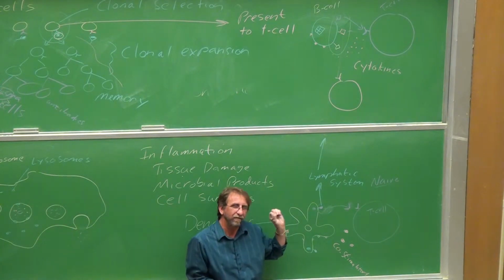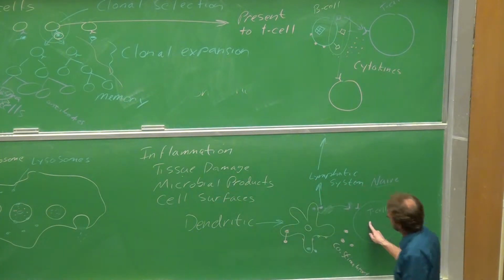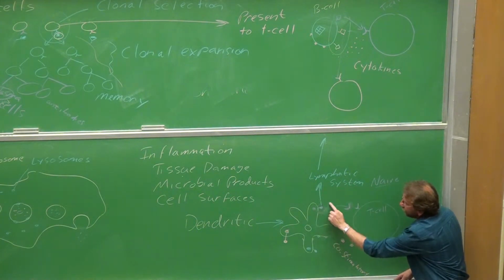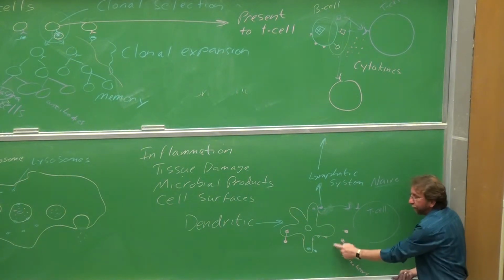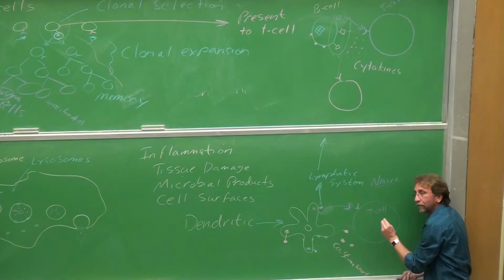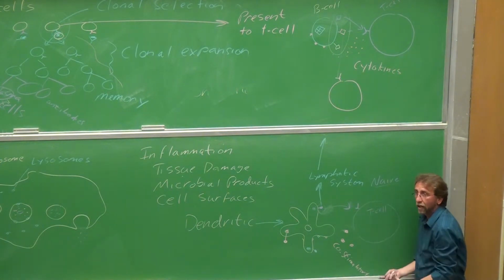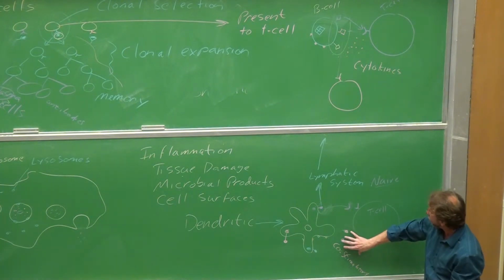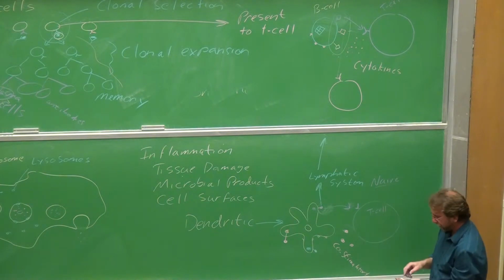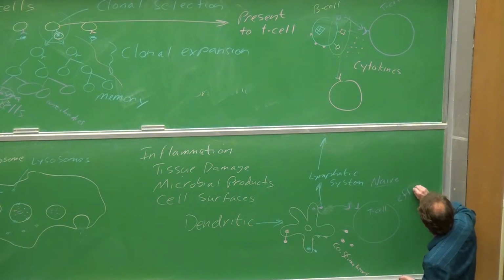A co-stimulatory molecule serves like a flashing red light, telling this T cell that the antigen that you are now encountering and reading is coming from a bacterial cell. And so there's a red light, you need to pay attention to it, you need to recognize it, you need to respond accordingly. In the presence of a co-stimulatory molecule, the T cell then will become an effector T cell.